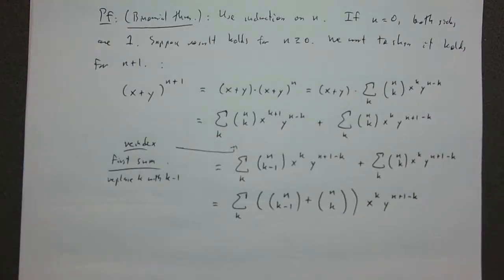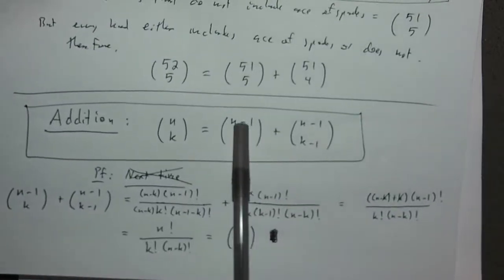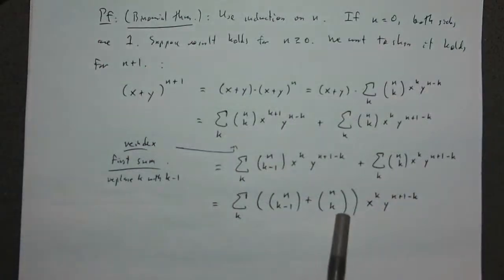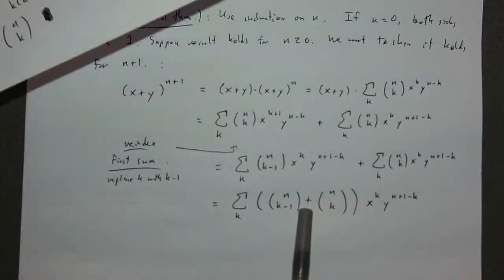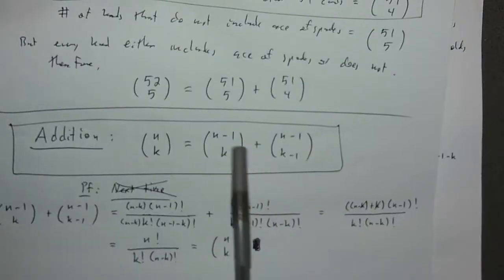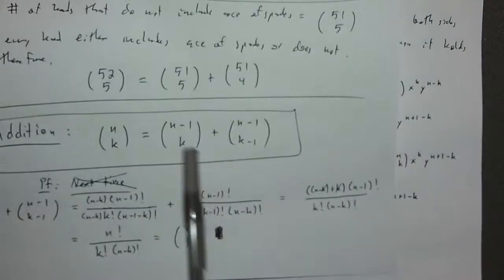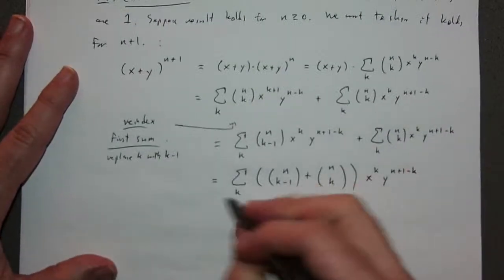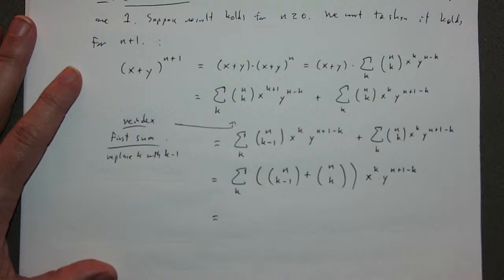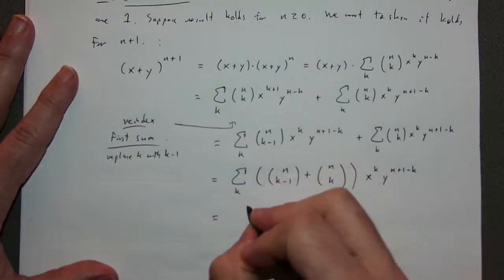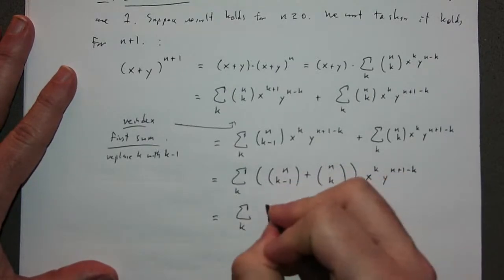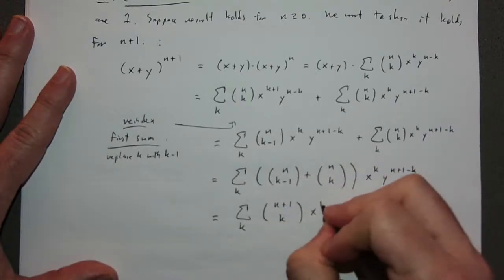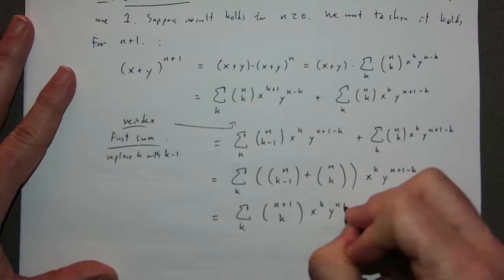But by our addition formula, n minus 1 choose k plus n minus 1 choose k minus 1. That is what I have here, except instead of n minus 1 in both of these, I have n. And so what I get here, after using the addition formula, is the sum over k of n plus 1 choose k, times x to the k, y to the n plus 1 minus k.